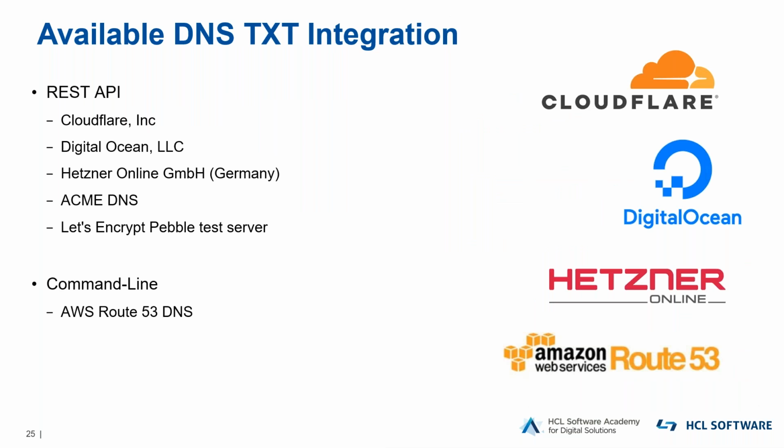So there are some already out-of-the-box providers. Cloudflare was the first one that was implemented. The second one was Hetzner, and another one is DigitalOcean, and something that is not yet available on the repository that I will show in a minute is the AWS integration.